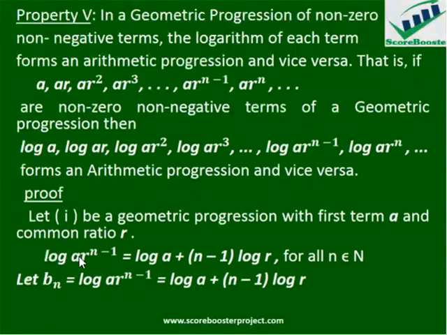So here we have log of a r raised to the power n minus 1, the same thing as writing log a plus log r raised to the power n minus 1.